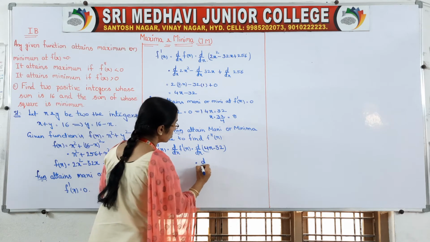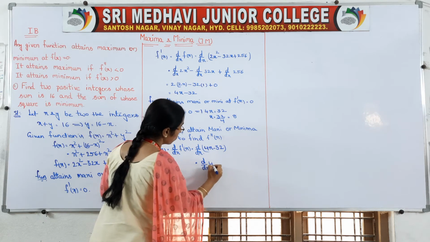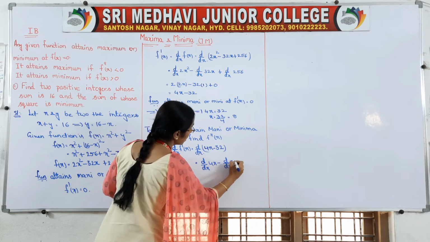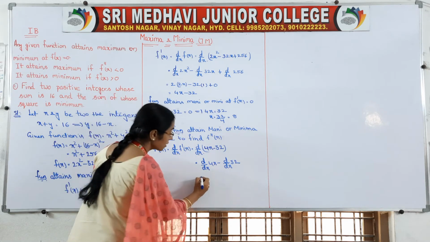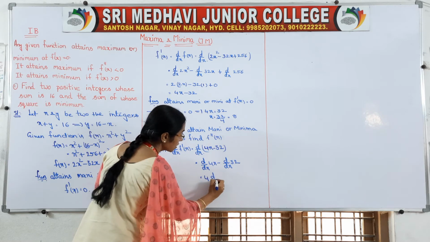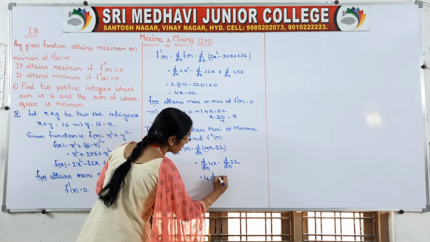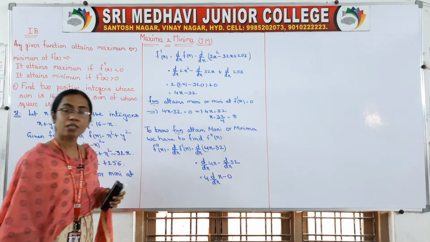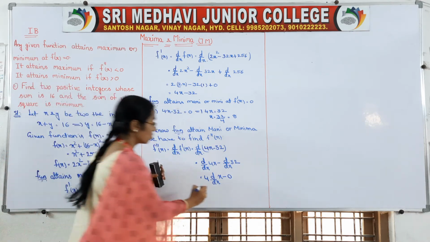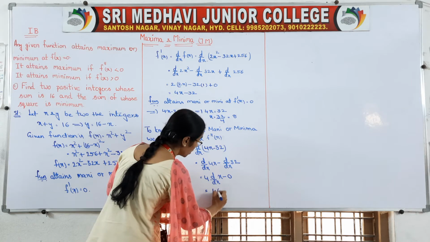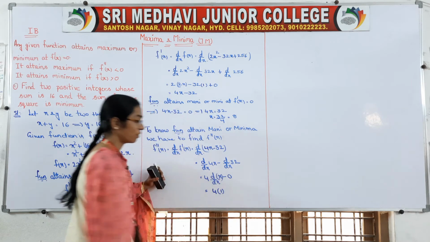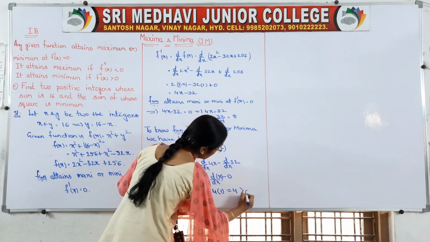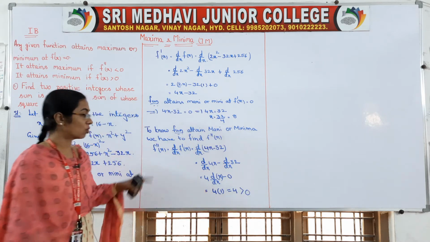So it is equal to d by dx of 4x minus d by dx of 32. 4 is a constant outside, d by dx of x is 1, and d by dx of a constant is 0. So it is 4 into 1, which is equal to 4, which is greater than 0.